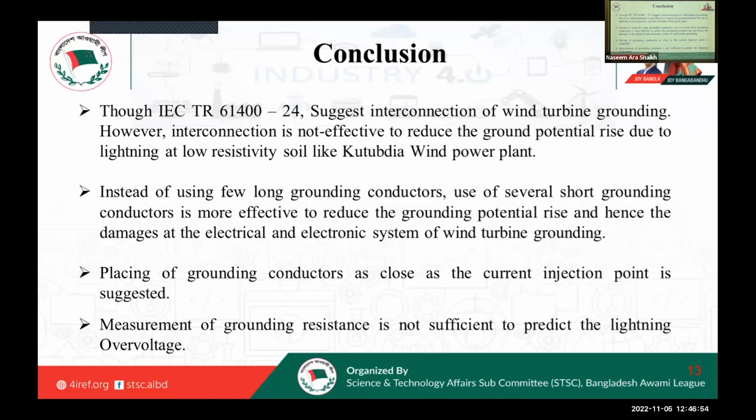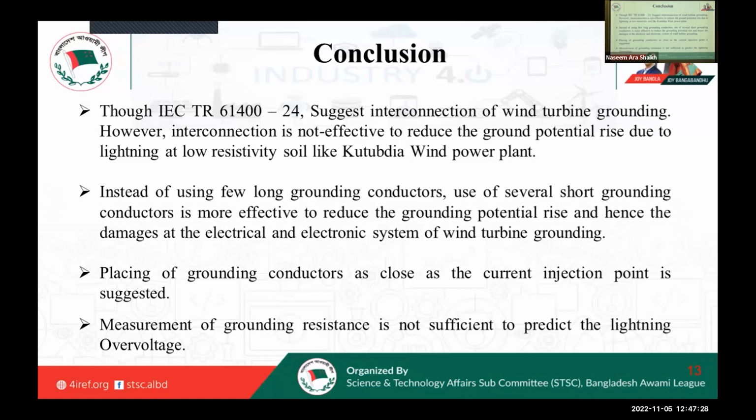Another one is, instead of using a few long grounding conductors, the use of several short grounding conductors is more effective to reduce the ground potential rise, and hence the damage to the electrical and electronic systems of the wind turbine. Placing grounding conductors as close as possible to the current injection point, that means near the foundation, is more effective. Measurement of grounding resistance is not sufficient to predict the lightning overvoltage.